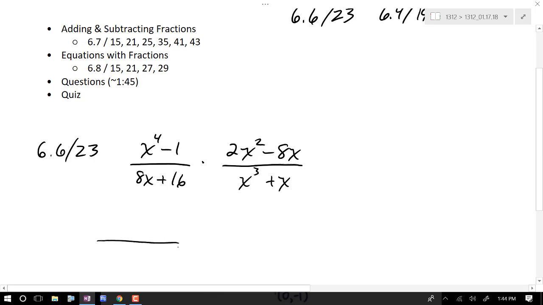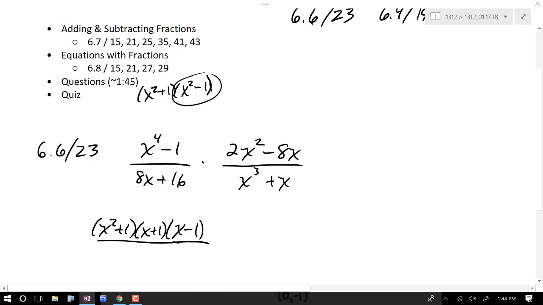How can we factor it? x squared plus 1 times x plus 1 times x minus 1. Yeah, that's how it looks fully factored. The intermediate step is that the difference of squares looks like this, and then we say, oh, that's also a difference of squares, and then we break that up.